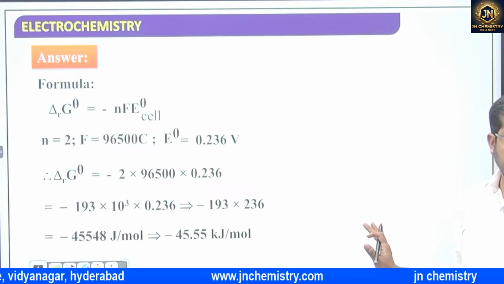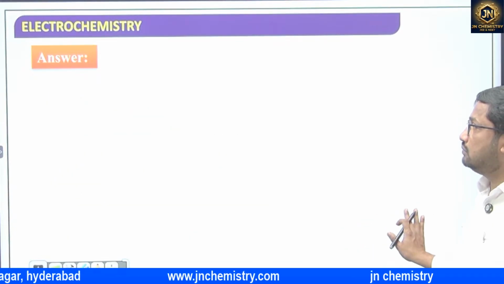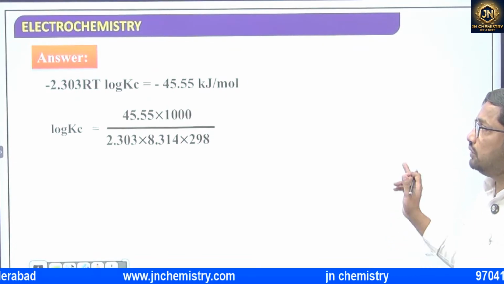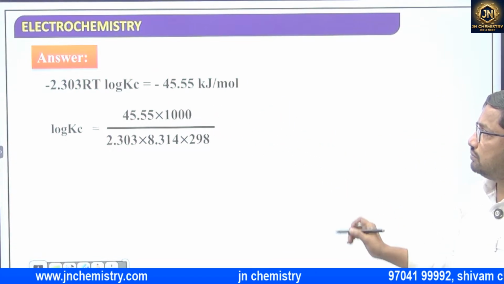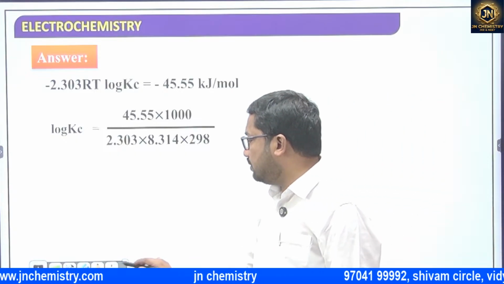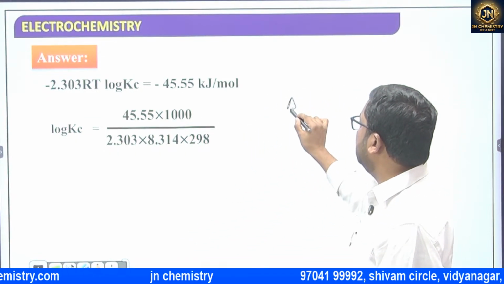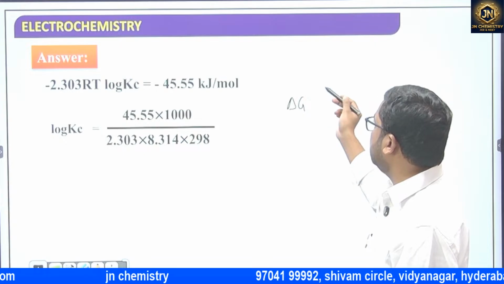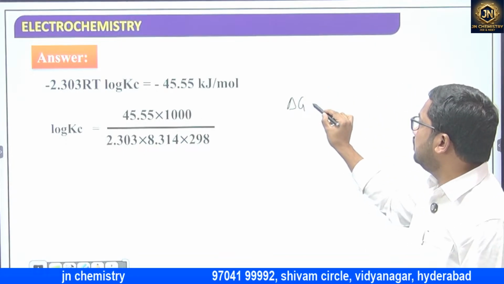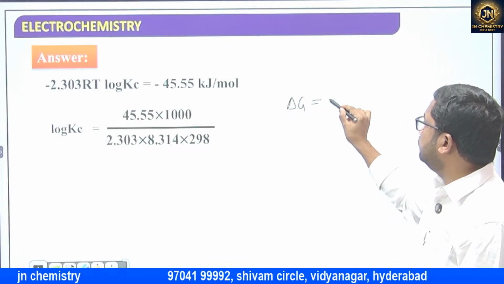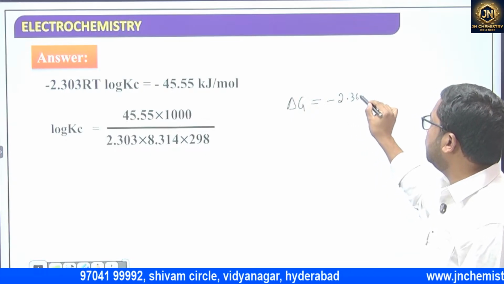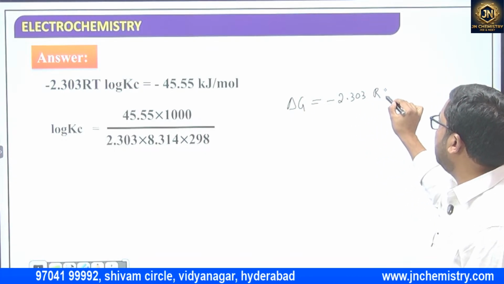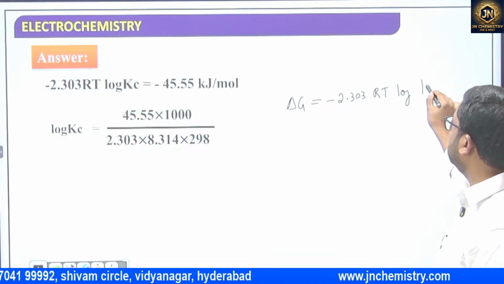Okay, now the Kc. Minus 2.303 log Kc is equal to, right? I told you the formula: delta G naught is equal to minus 2.303 RT log Kc.